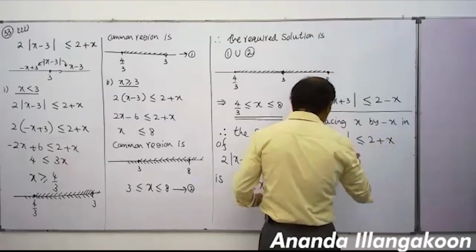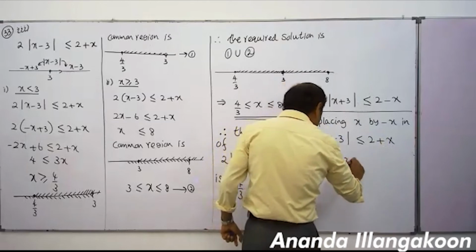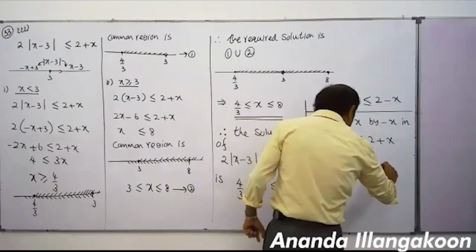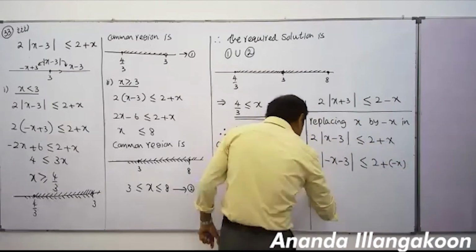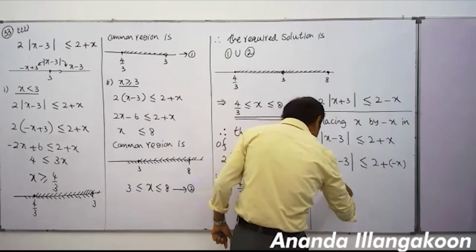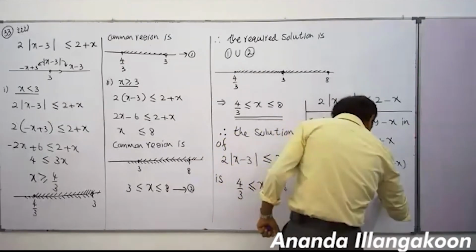See what happens? 2, x is minus x now, minus 3, 2 plus minus x. Right, here what do you get, people? 2 modulus, take minus sign out, x plus 3 modulus, here 2 plus and minus x.